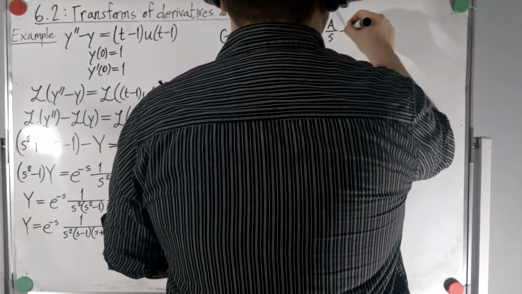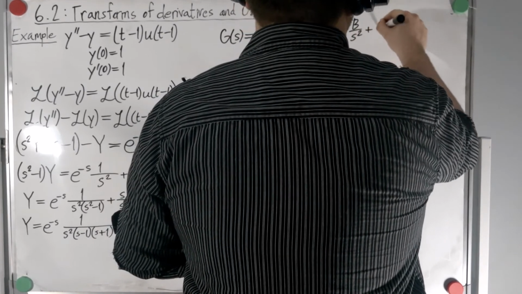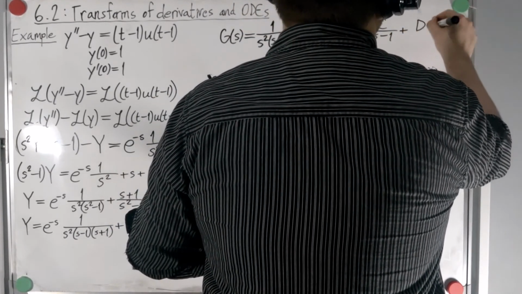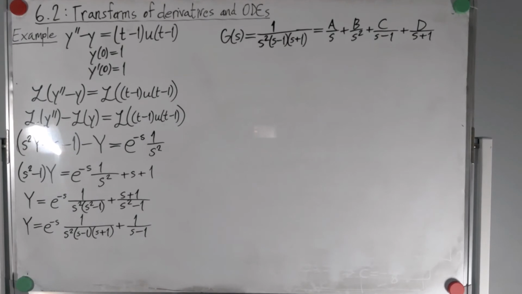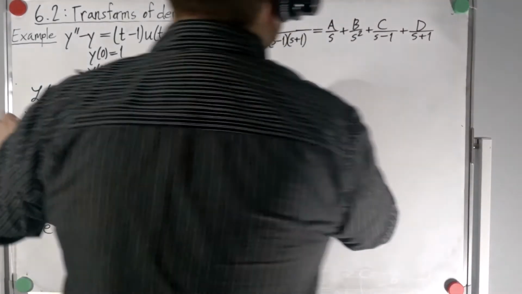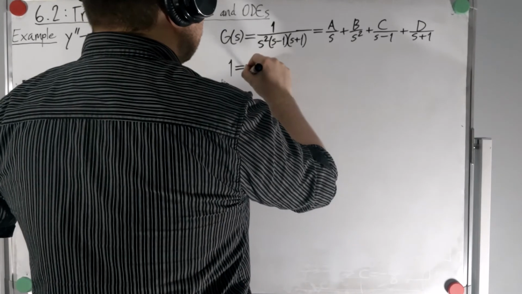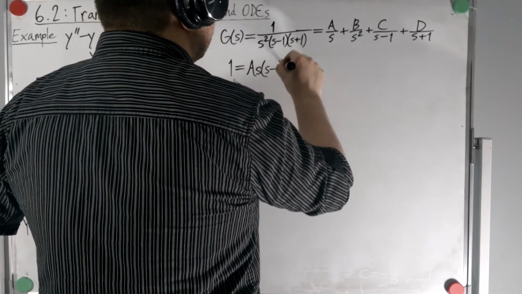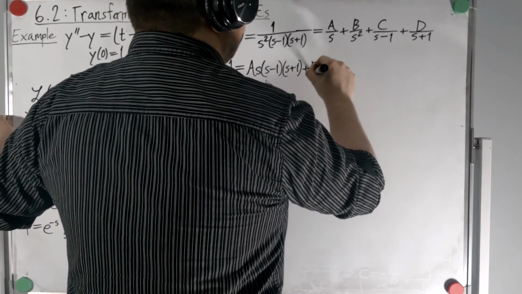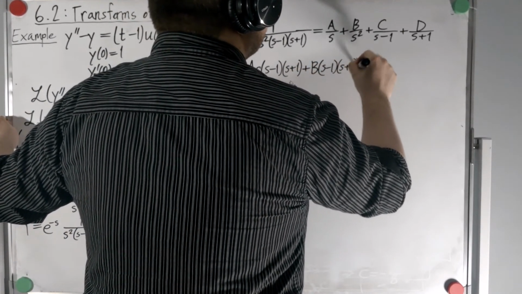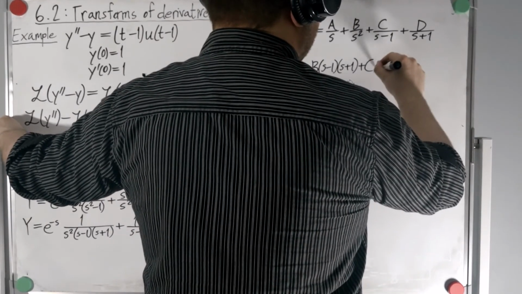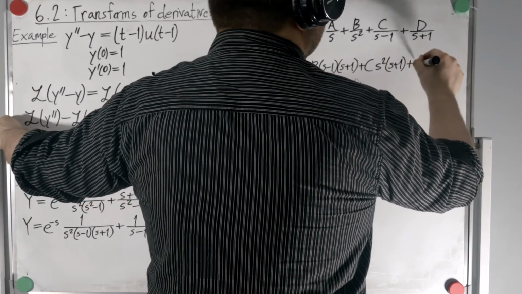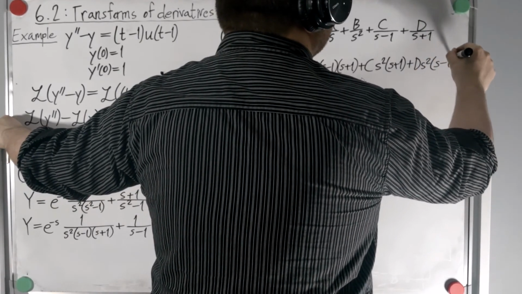So we have A over s plus B over s squared plus C over (s minus 1) plus D over (s plus 1). Multiply through, you get 1 equals A s (s minus 1)(s plus 1), plus B (s minus 1)(s plus 1), plus C s squared (s plus 1), plus D s squared (s minus 1).